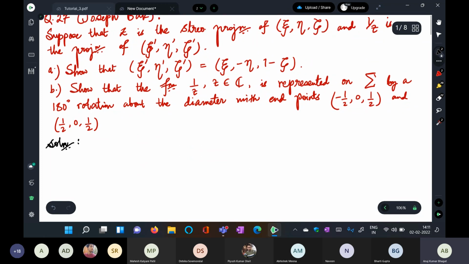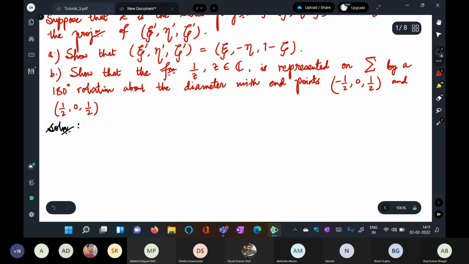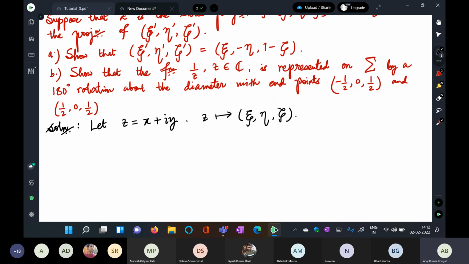I'll not do the whole of the first part. So it's easy. Suppose z is x plus iy, and under the stereographic projection z is mapped to, sorry, this is not zeta, this is eta and this is zeta, xi, so xi, eta and zeta.